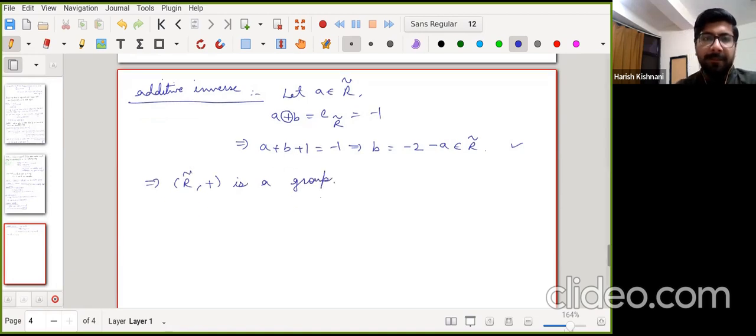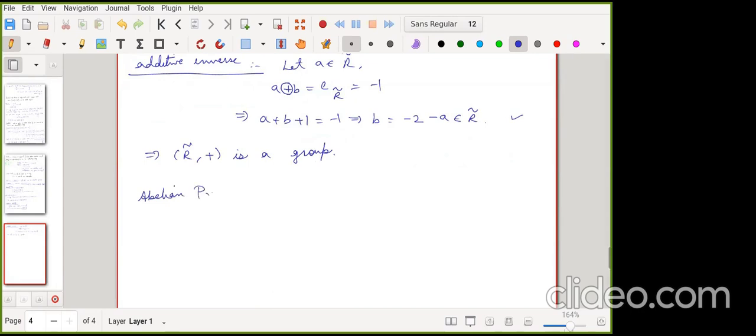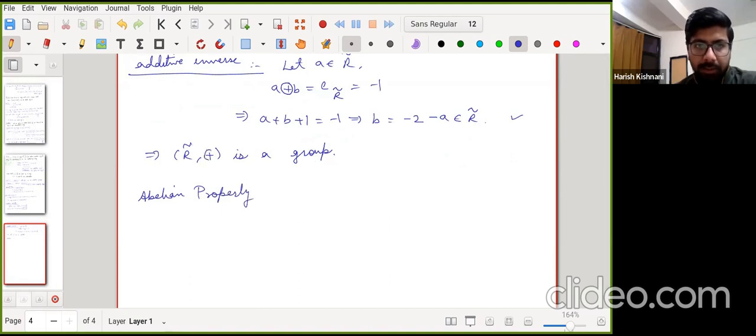Okay. So now we will check whether it's an abelian group or not. So the abelian property one has to check, and that is also not difficult to check because we have additive commutativity in the original ring.